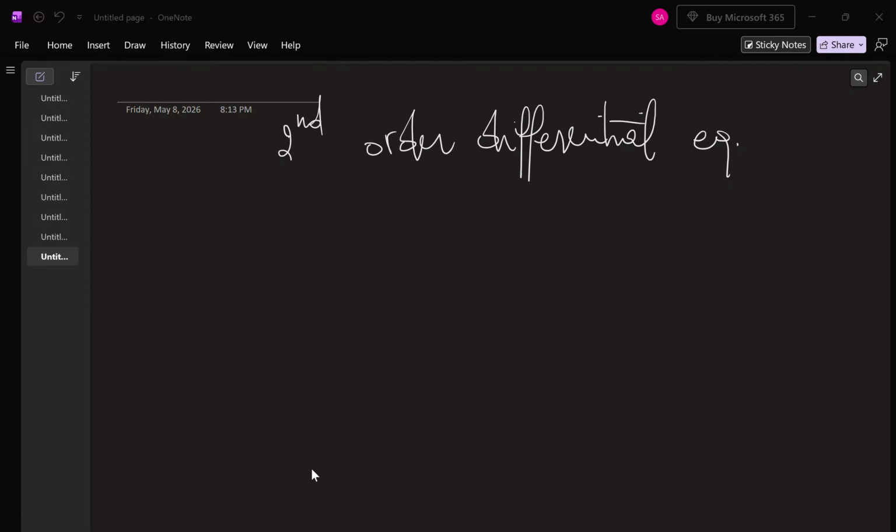I will give you a brief summary on how to apply the method of variation of constants to solve a second order differential equation.